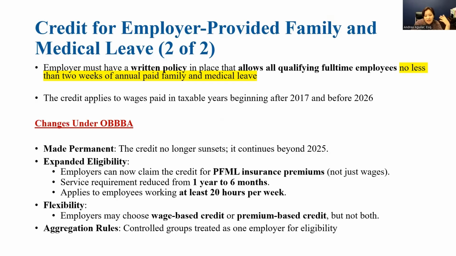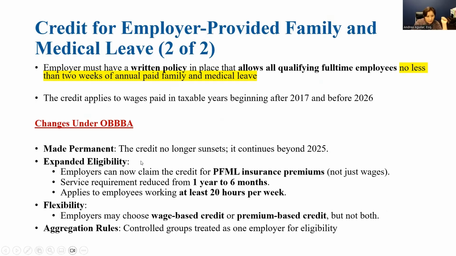That doesn't mean that they have to pay at a minimum 2 weeks. It's that the written policy has to say that. You can be on family leave for like 3 days, 5 days, a week. It doesn't matter, but the policy has to have these specific provisions in order to satisfy the requirements.